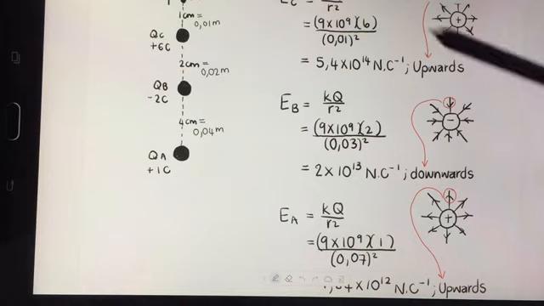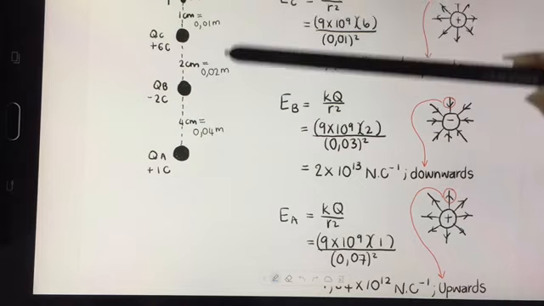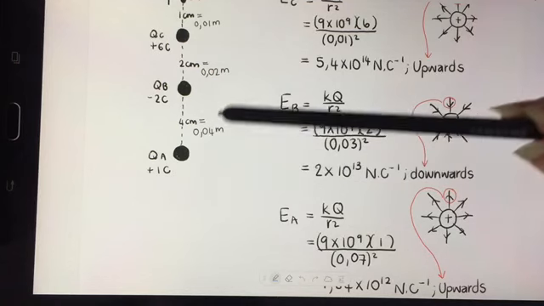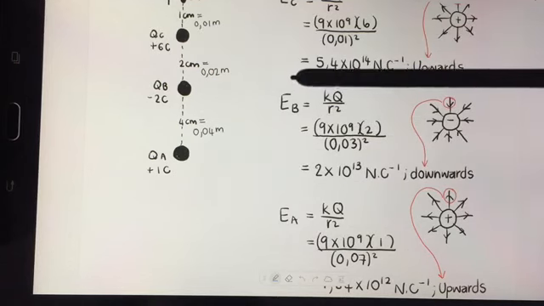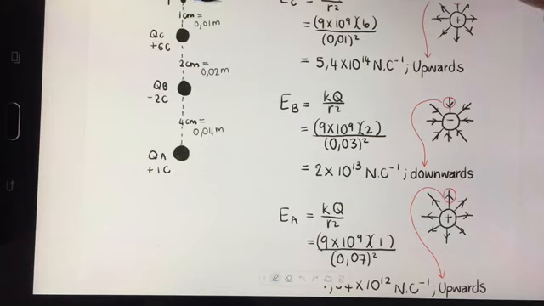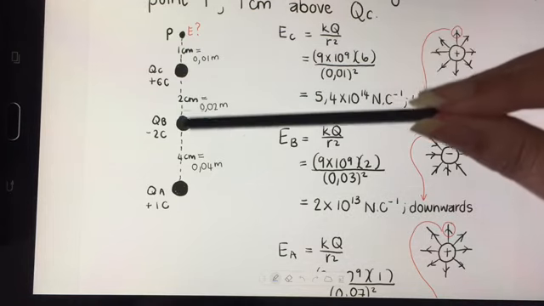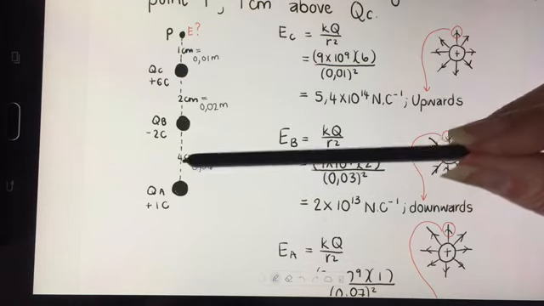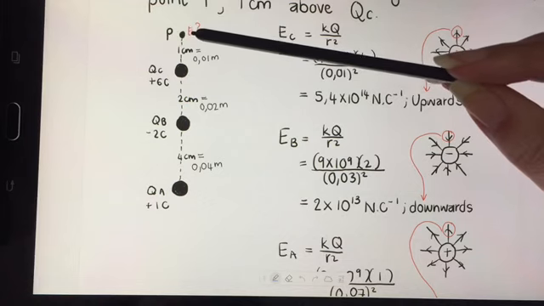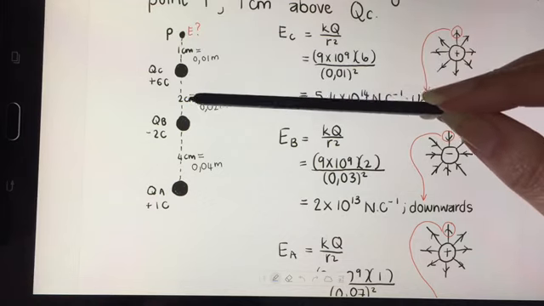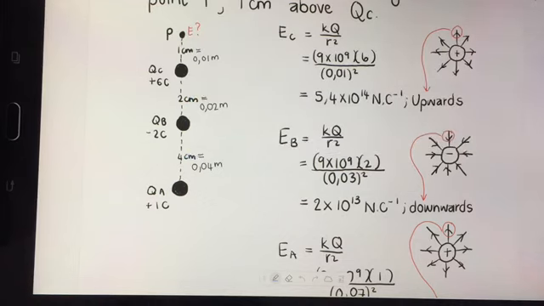And then lastly, I have to find the strength of the field as a result of charge A. So it's as if those other two aren't there. So it's electric field strength a certain distance away from the charge. And what is the distance going to be now? It's 1 centimeter plus 2 centimeters plus 4 centimeters.